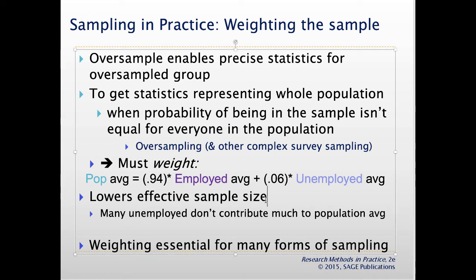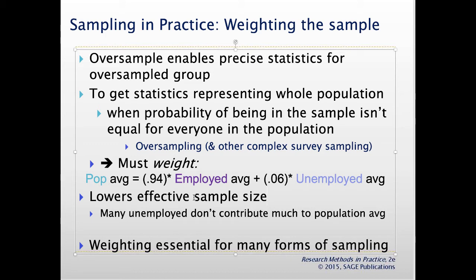This effectively lowers the sample size for the whole population because, hey, half the people in your sample, say you had a sample of 500 people in total, 250 of them were unemployed, but they're only counting 6% towards that statistic. So it's not like you have 250 of them and 250 of the employed.